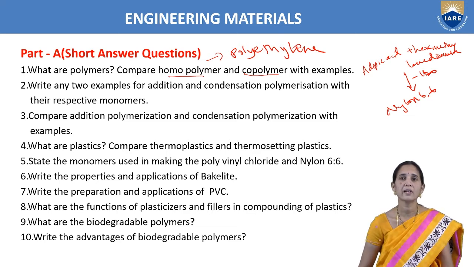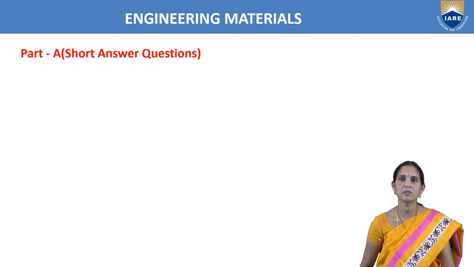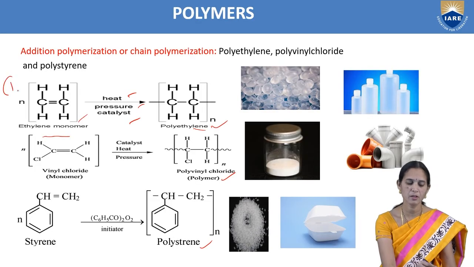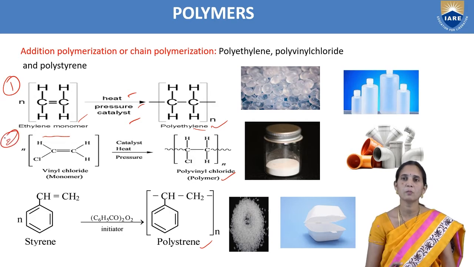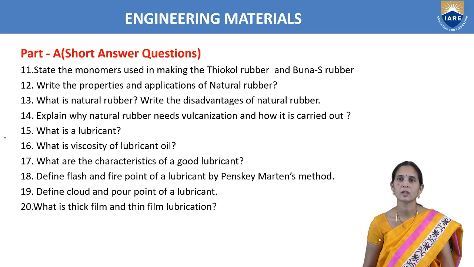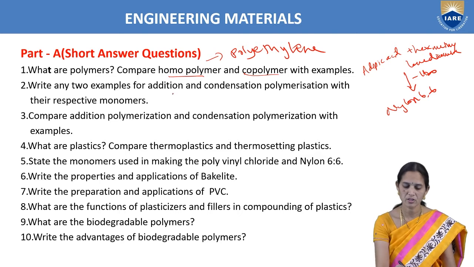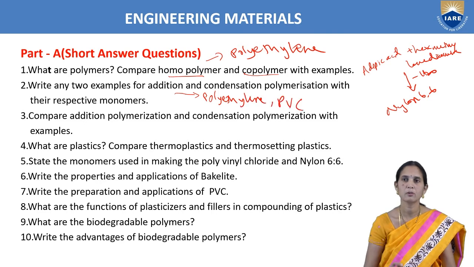Next, write any 2 examples for addition and condensation polymerization with their respective monomers. So, 2 examples for addition polymerization and condensation polymerization. For addition polymerization, we can take example 1, polyethylene, and example 2, polyvinyl chloride.